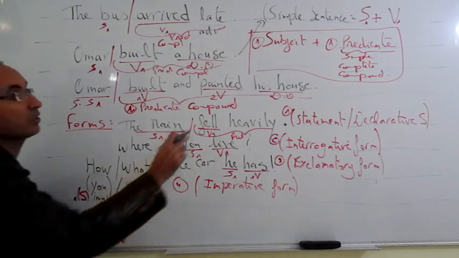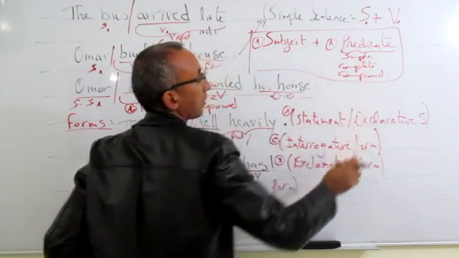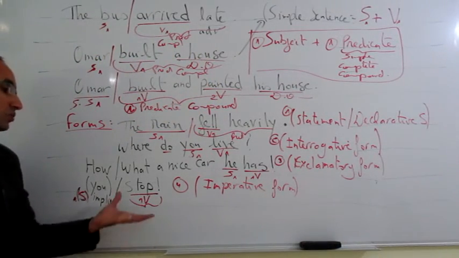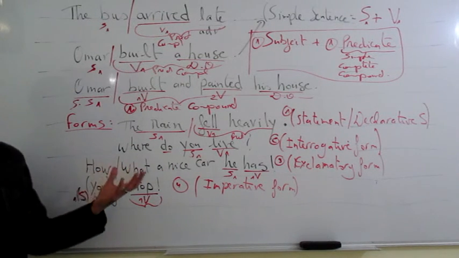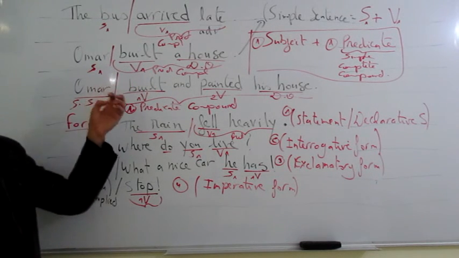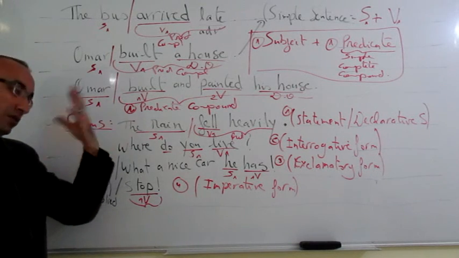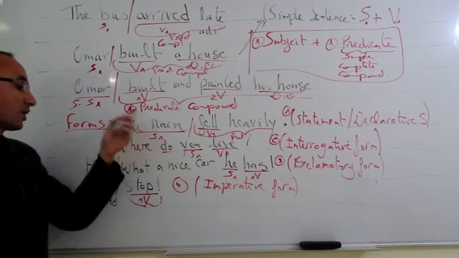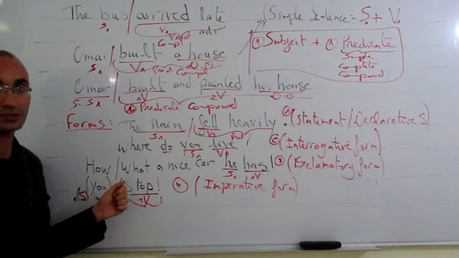So it is always my simple sentence, with different forms. As you see, this is simply the English simple sentence, which consists of one subject and one predicate, and usually we say one subject plus one verb. Now here, it has these four forms.